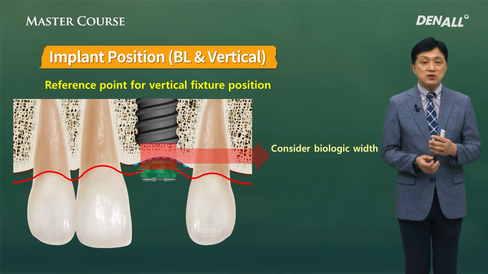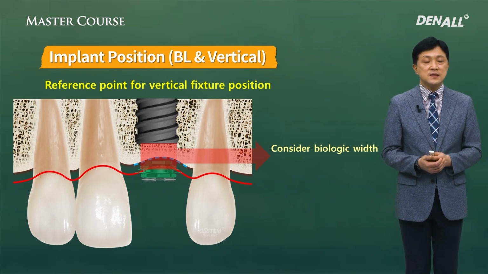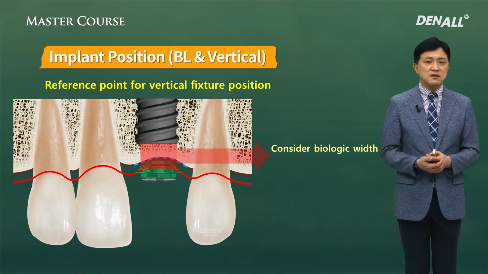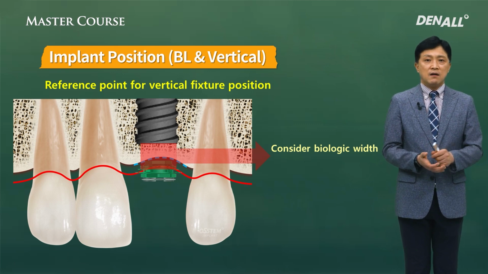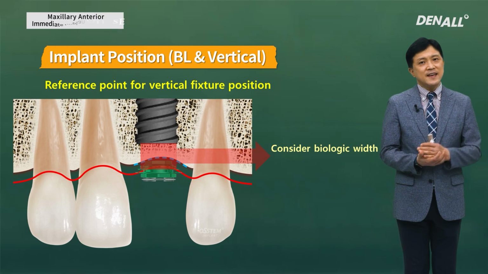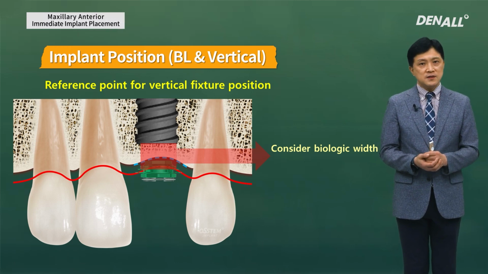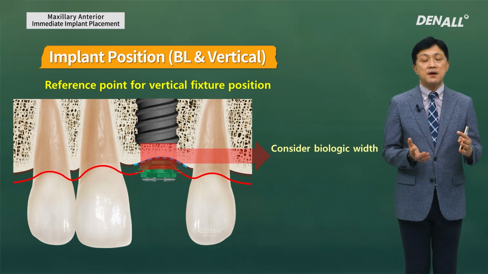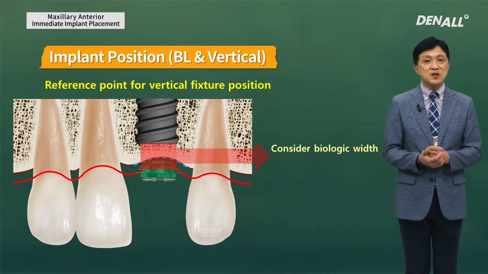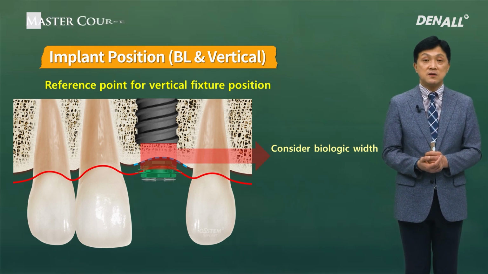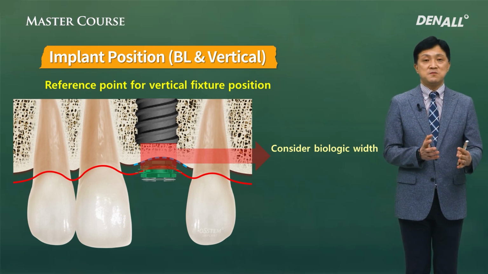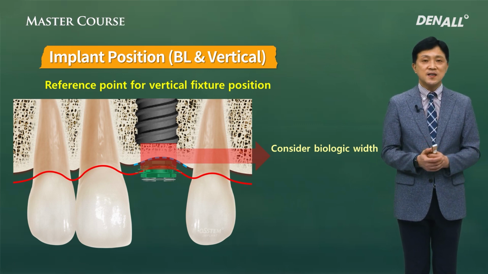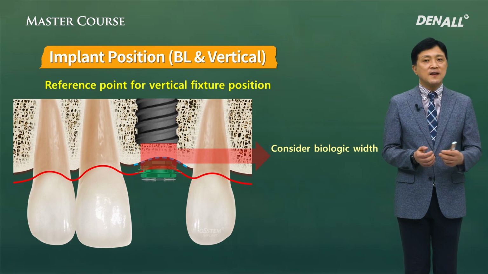So vertical positioning of an implant is very important in terms of biologic width. So what I recommend is that it's much better to place an implant deeply than shallowly. I cannot say there's no problem in placing an implant deeply. If it is too deep, of course, there'll be problems.